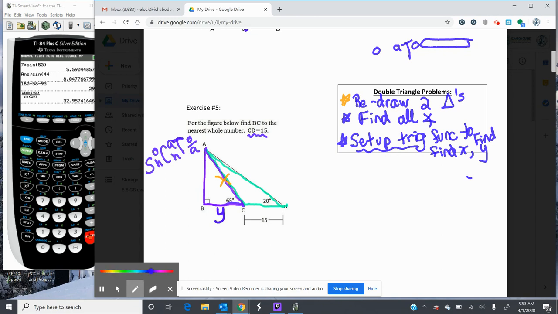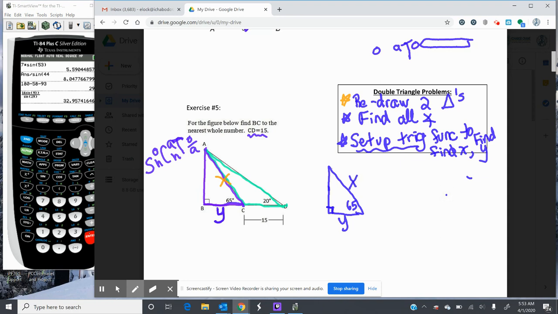So redrawing our two triangles. I'm going to leave them situated just as they were. So here the right triangle is on the left side of the diagram. And what we know in there is that we have side Y and we have an angle of 65 so far, and we have that right angle.